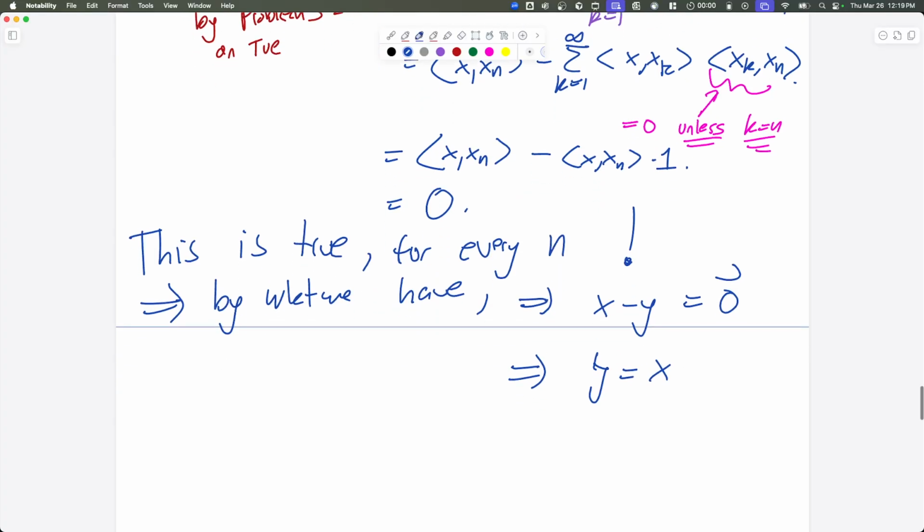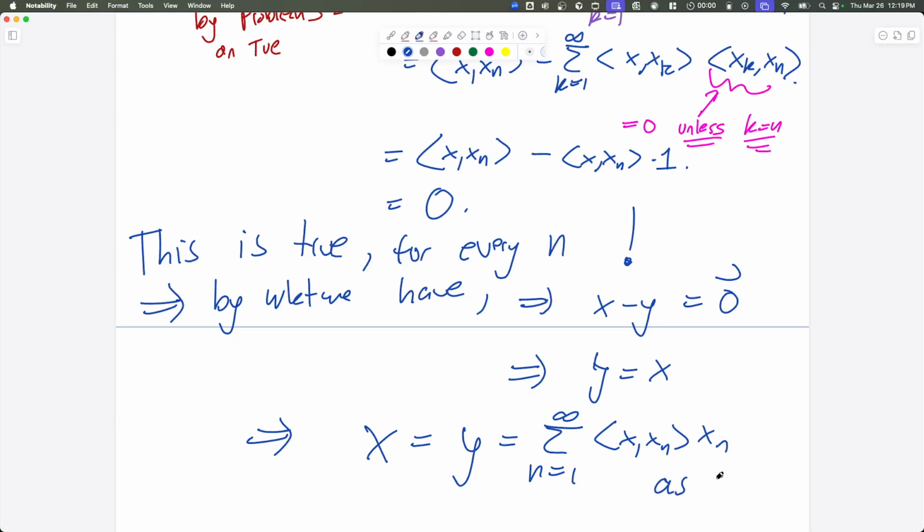Y equals x, and therefore x equals y, which is equal to the infinite sum that we wanted, as desired. Okay, beautiful little proof. Questions or comments about this proof?